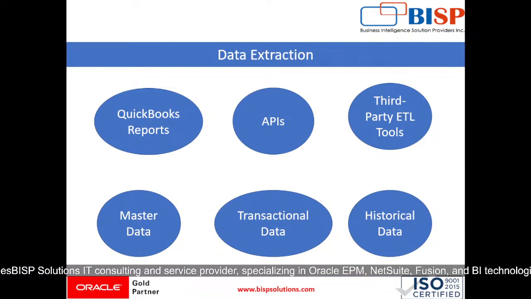The common data to extract consists of master data, where customers, vendors, chart of accounts and items will be extracted from QuickBooks. Then comes transactional data, where open invoices, bills, journal entries, open sales orders and open purchase orders will be extracted from QuickBooks. Then comes historical data, if required by us. For that, closed transactions and payment history will be taken care of.